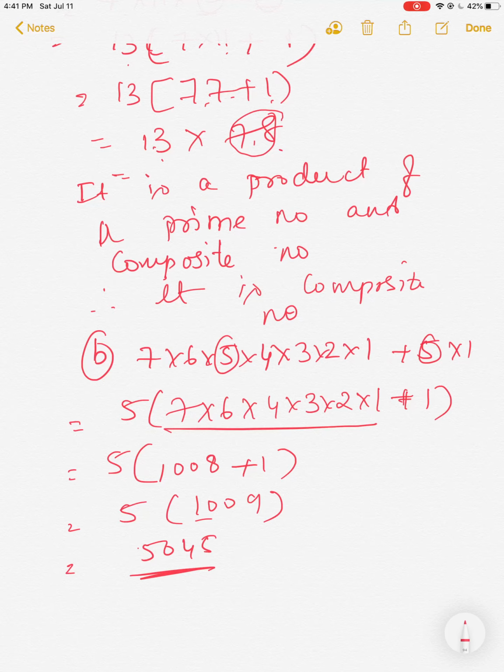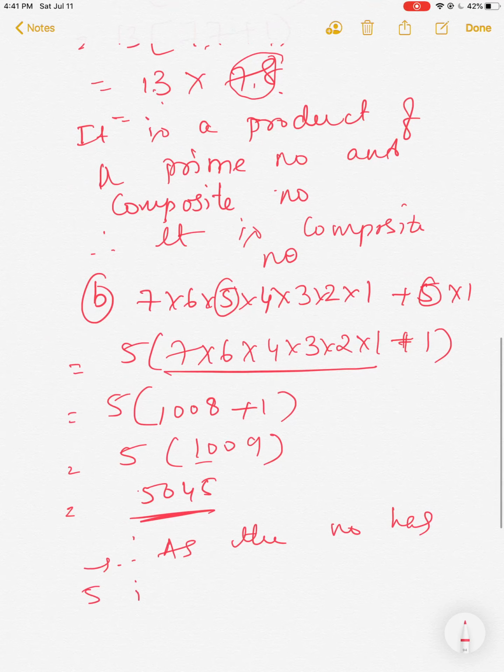1 is a factor, and many factors will be there. So as the number has 5 in the units place, it is a composite number.